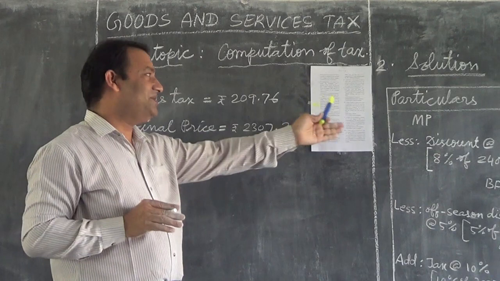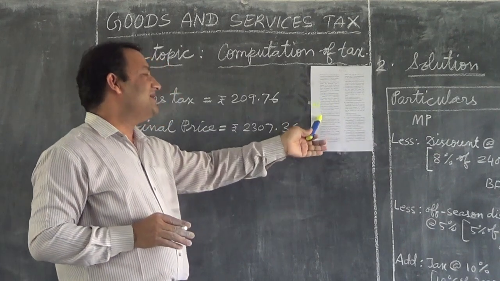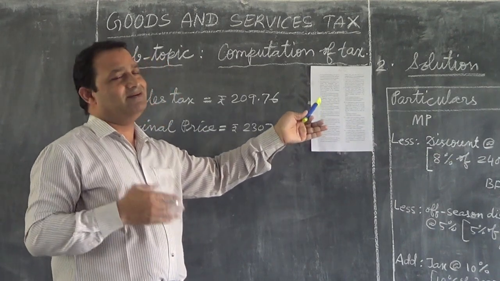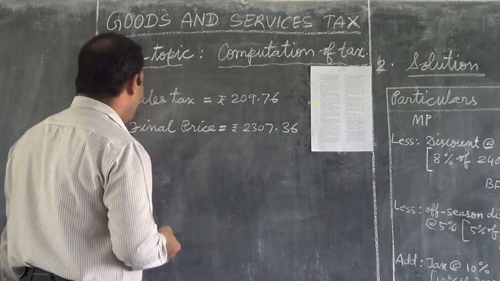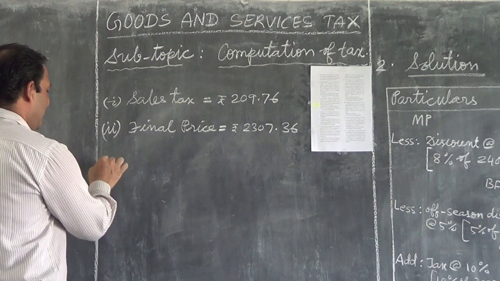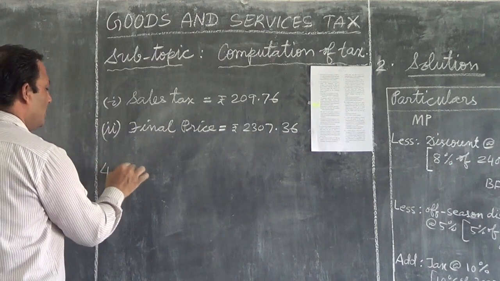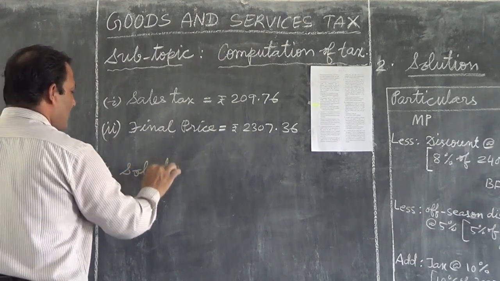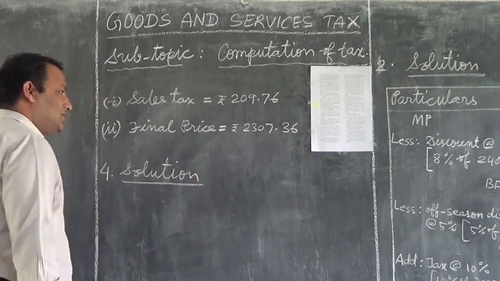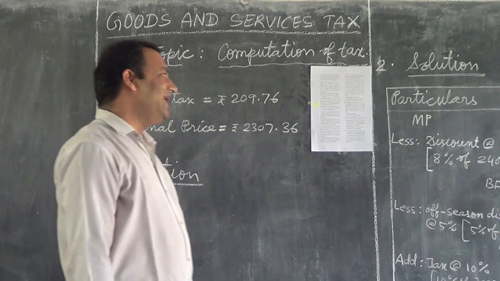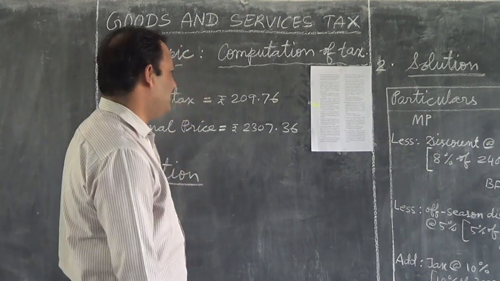You can tackle it by the tabular method also, but I suggest draw the model, get the equation, solve the problem, and your solution will be very easy. So I will do question number 4 here, and I will tell you, do it in the modeling method.